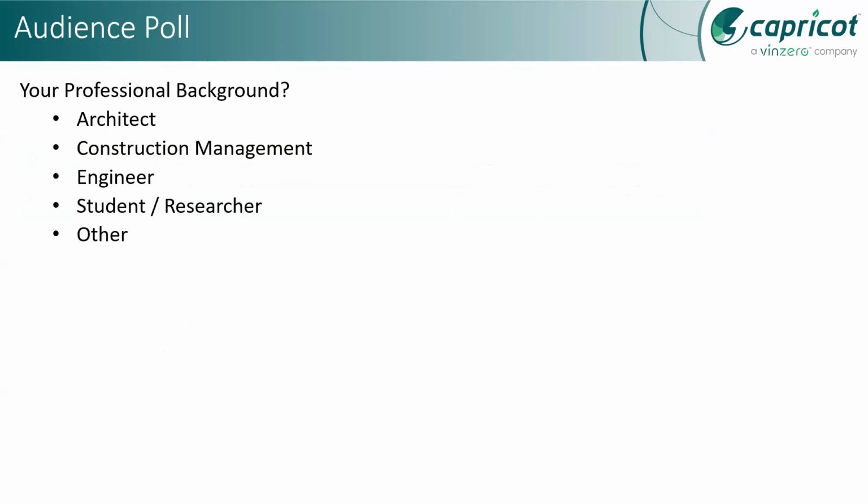Before starting with the webinar, we would like to take a small audience poll, where we would like to know your professional background so that we know what is the bunch of attendees present here with us, so that we can drive our communication according to those responses. These are the two questions. One is your professional background.